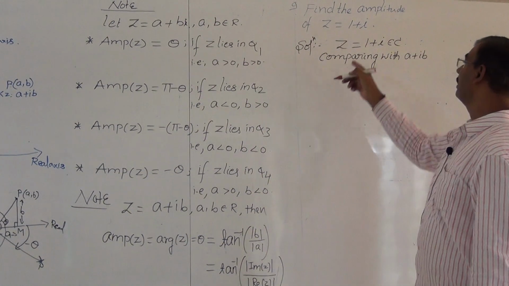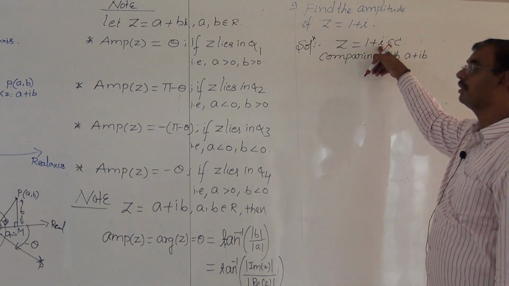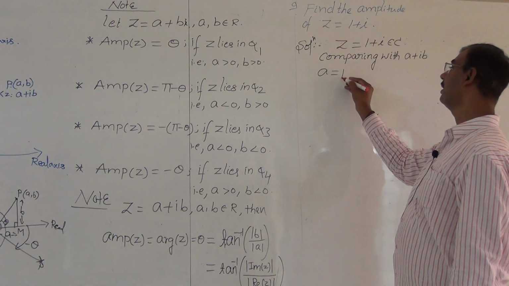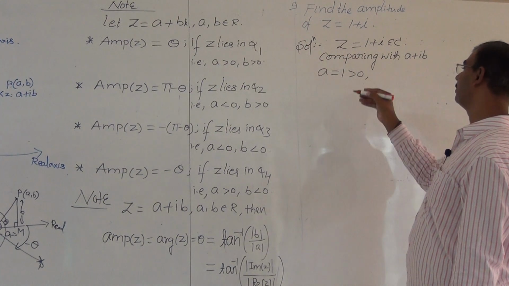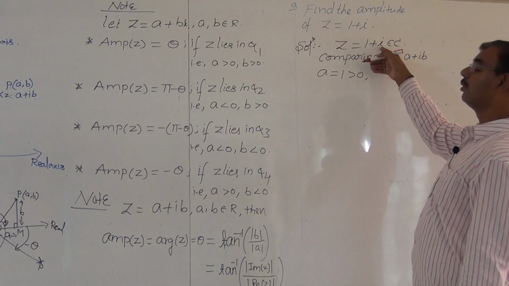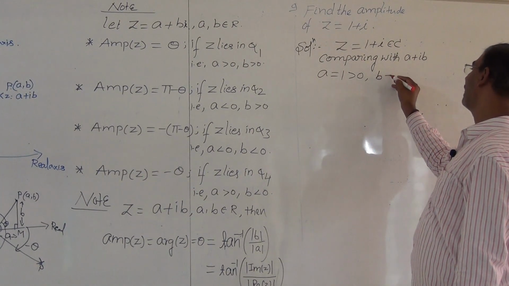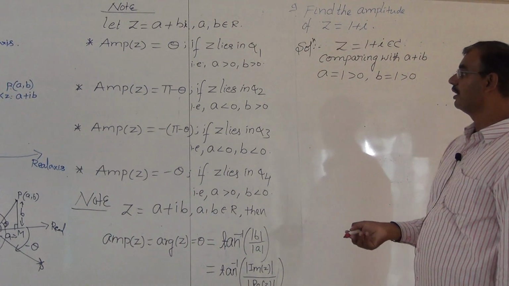In this 1 plus iota, what is the real part? The real part is 1. So here A is equal to 1. Is it positive or negative? Simply it is greater than 0, positive. What is the coefficient of iota? That is 1. Take it as the imaginary part. B is also 1, which is greater than 0.